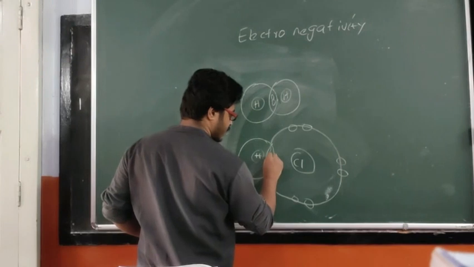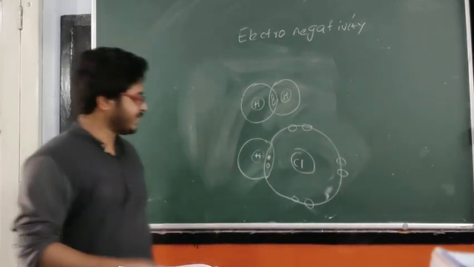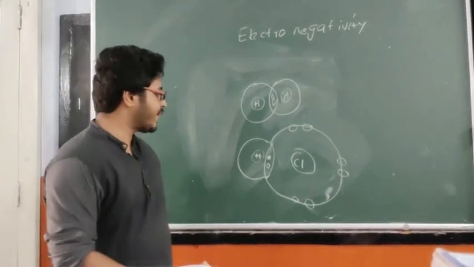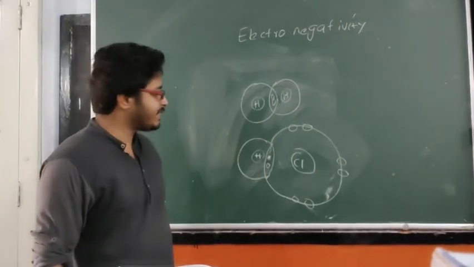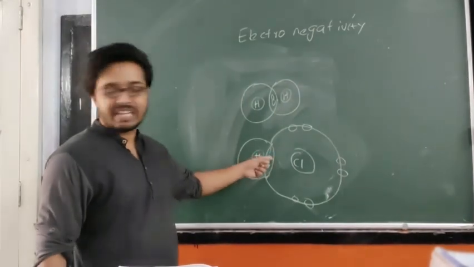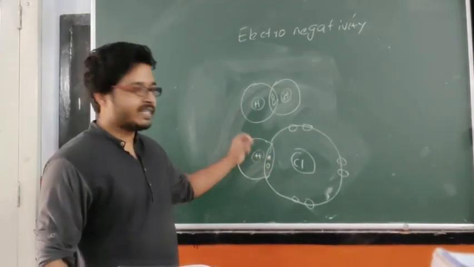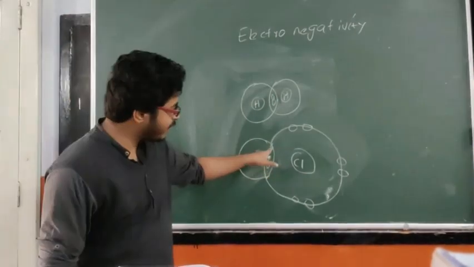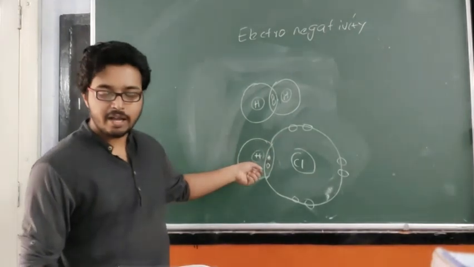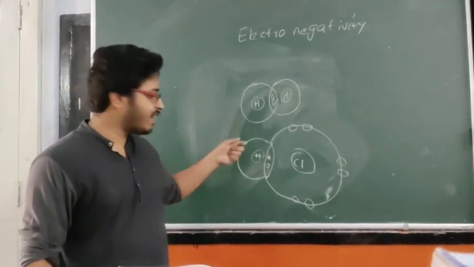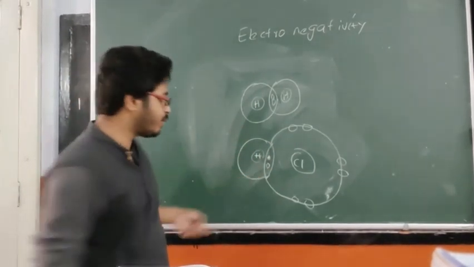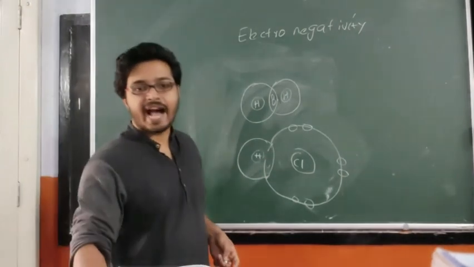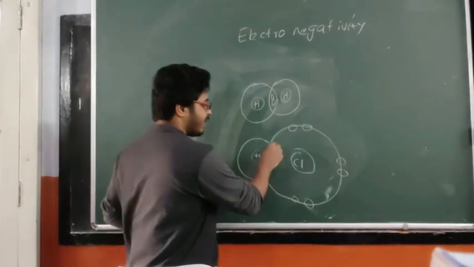The shaded electron is from hydrogen, and the other 7 electrons are the valence electrons of chlorine. In this case, the shared pair of electrons in the single covalent bond between hydrogen and chlorine is supposed to be at the center of the bond, but in the real scenario it is not like so. This chlorine has high electronegativity compared to that of hydrogen.